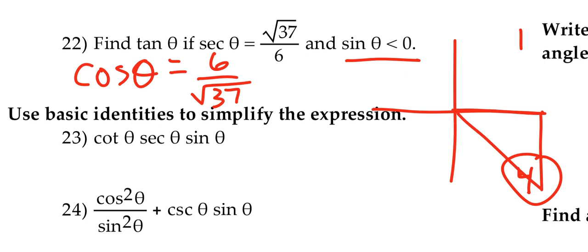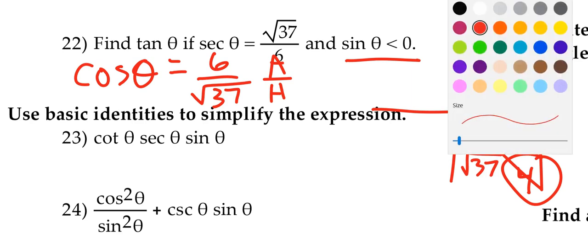So what's the top edge here? 6, right? It's the adjacent side. Remember, it's adjacent over hypotenuse. And so the hypotenuse would be radical 37. All right, now help me find the other side.